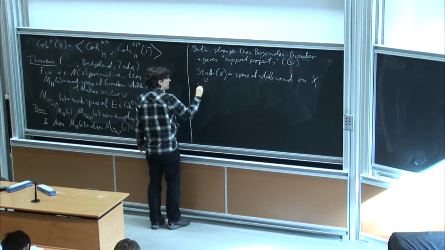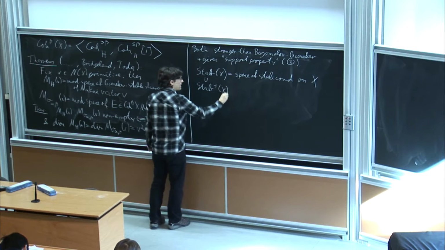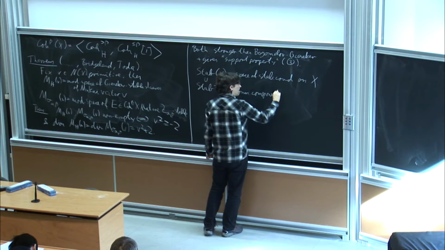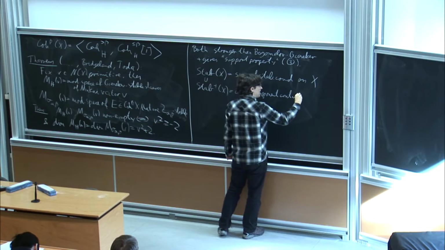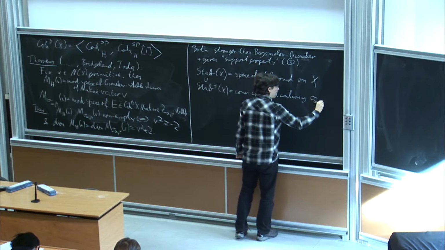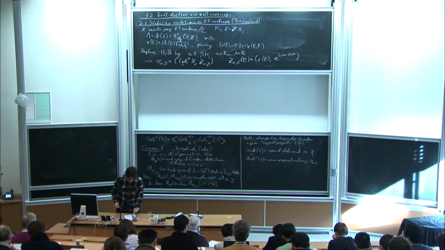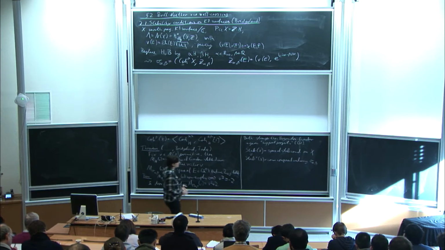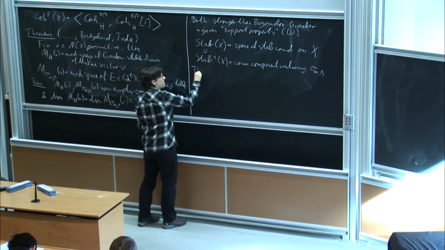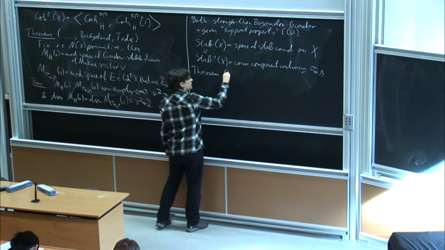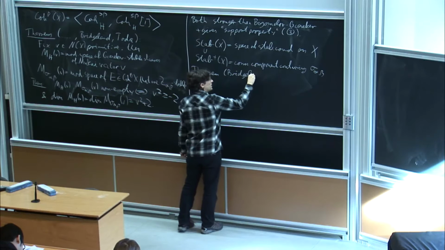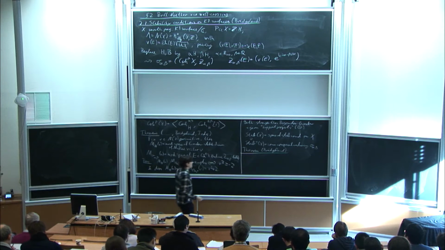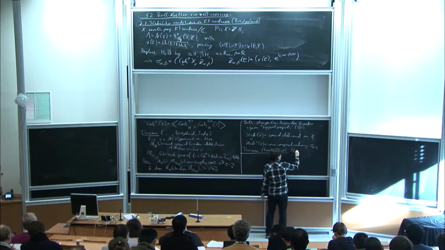Then I look at the connected component containing these sigma alpha betas. Then the theorem is that we can actually describe the space fairly precisely. The statement is that not only is this a topological space, this is a complex manifold.